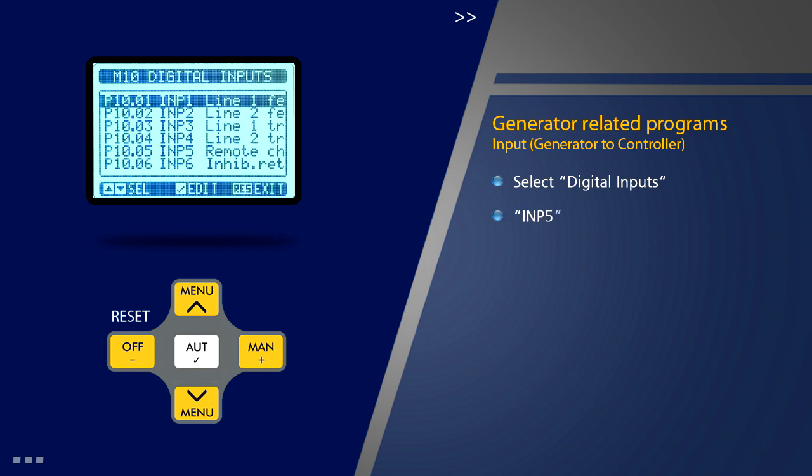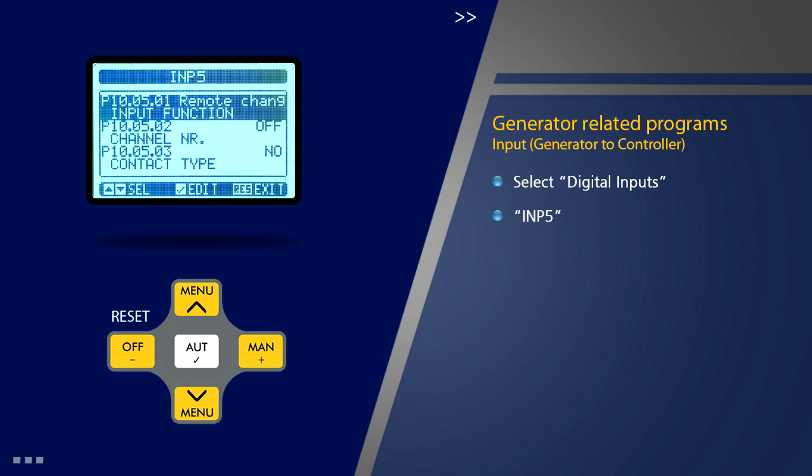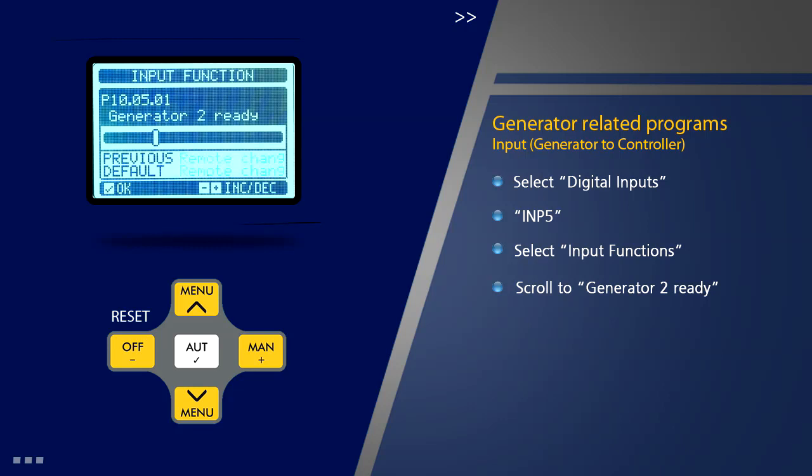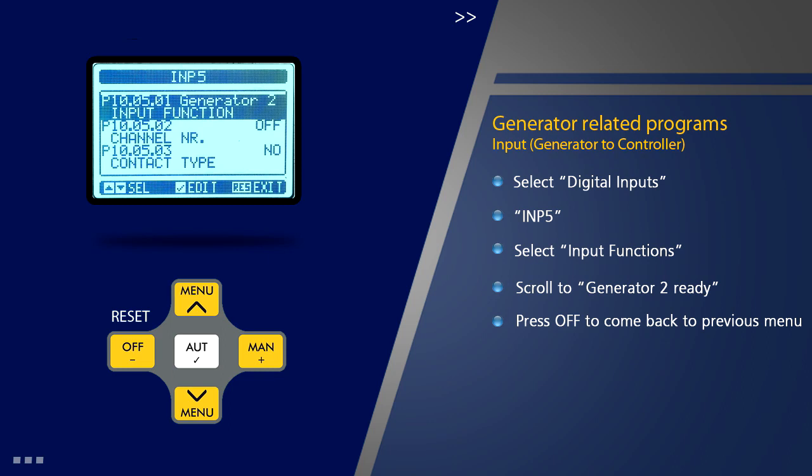Now scroll to option 5, which is INP5, on this page and press OK. Select the first option, Input Functions, on this page and press OK. Scroll to select the option Generator to Ready on this page and press OK. Press Off to come back to previous menu. The option Generator to Ready is selected.